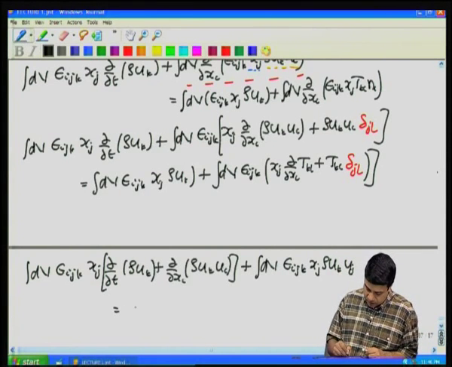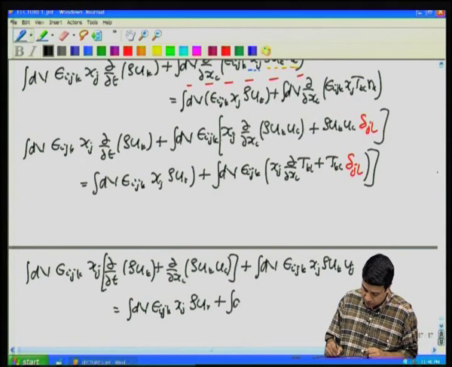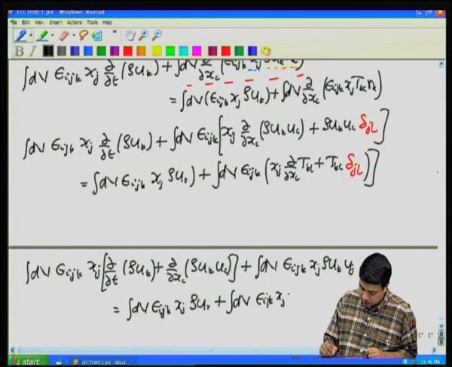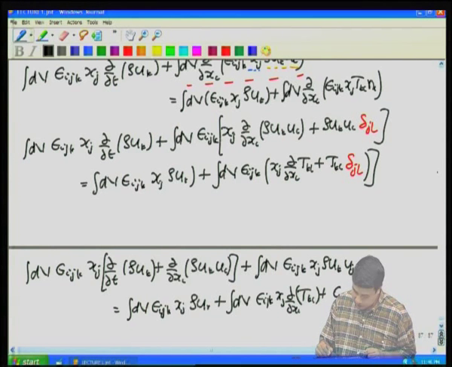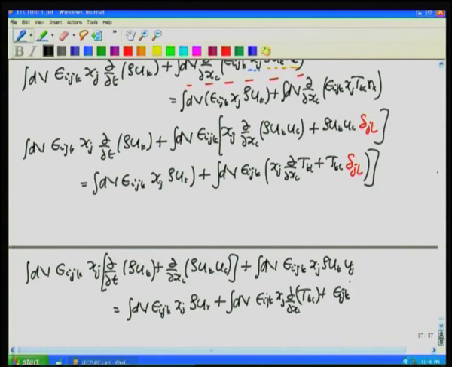The left hand side is equal to the integral dV of epsilon_ijk x_j rho e_k plus the integral dV of epsilon_ijk x_j partial by partial x_l t_kl plus epsilon_ijk t_kl times delta_jl, and delta_jl t_kl is just t_kj.